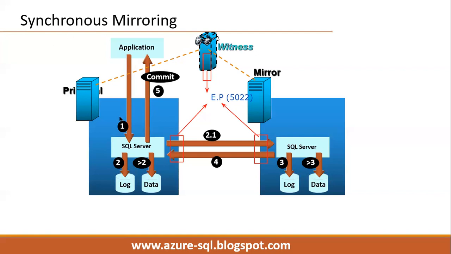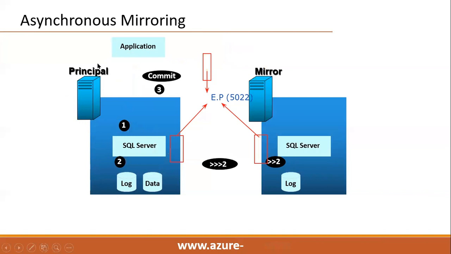Why? Because changes should be committed on both sides, principal as well as mirror. Then only is the user getting the acknowledgement. That's why temporarily we can switch to asynchronous mode.